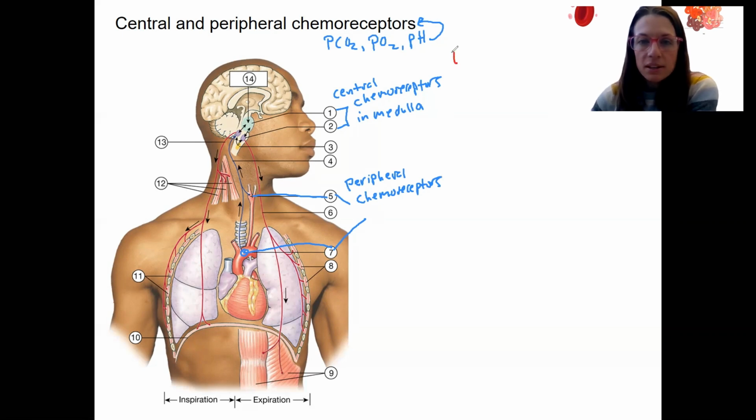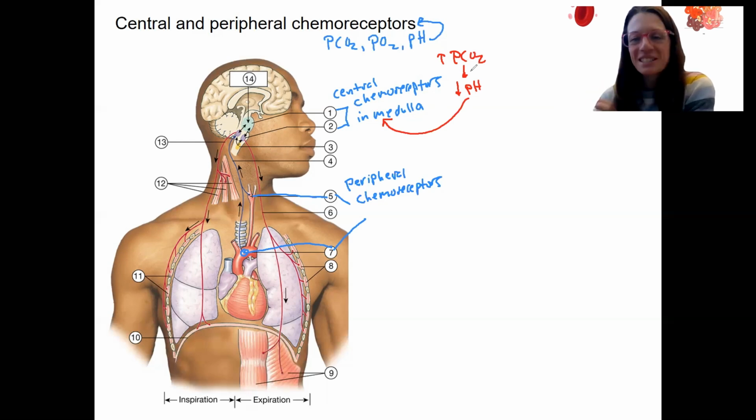As PCO2 increases, it's going to decrease pH. pH is primarily the thing detected in the medulla. This is inside the brain. The brain is very sensitive to changes in pH. So that's the quickest, 70% of our carbon dioxide response is from this mechanism.